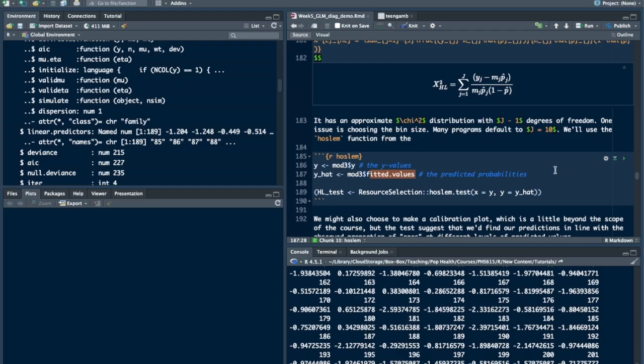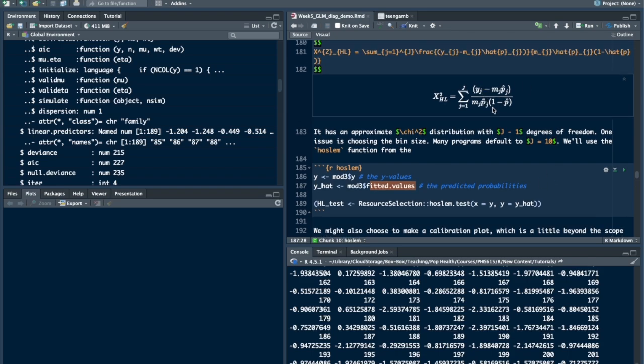And then for those same people in that group, we compute the proportion of those people who actually did have low birth weight babies. The Hosmer-Lemeshow test uses a chi-square type relationship across those groups.